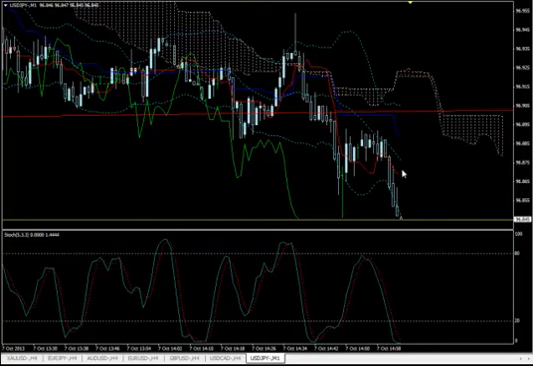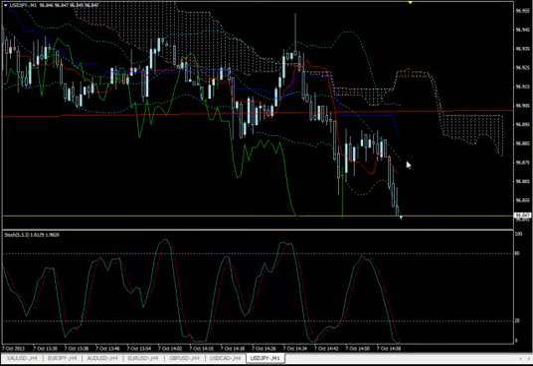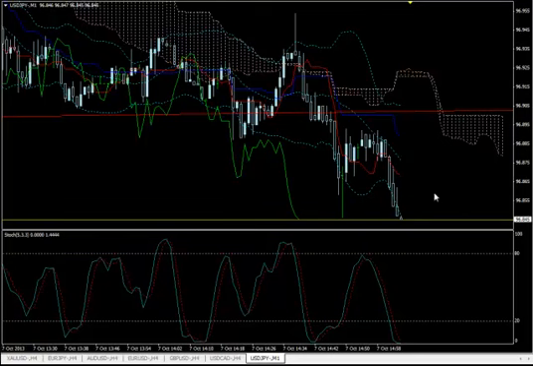When price jumps above Tenkan-sen on M1, we go to M5 to see a successful reversal and price above Tenkan-sen.